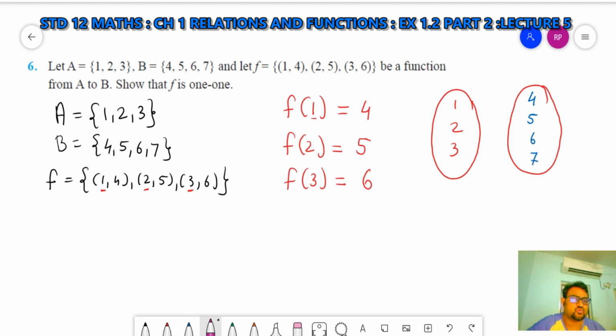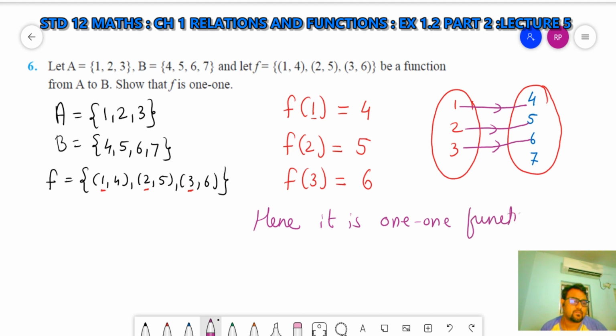The relation is such way: 1 related to 4, 2 related to 5, and 3 related to 6. See, 1-1. You can clearly see this is a 1-1 function, right? Hence, it is a 1-1 function. Clear? Okay, so this was about question number 6.